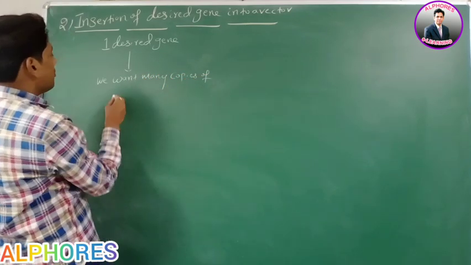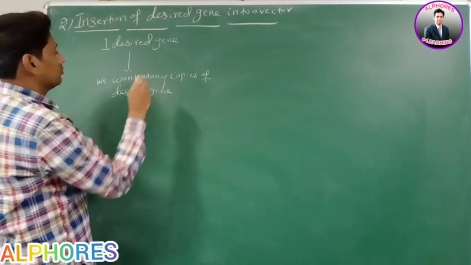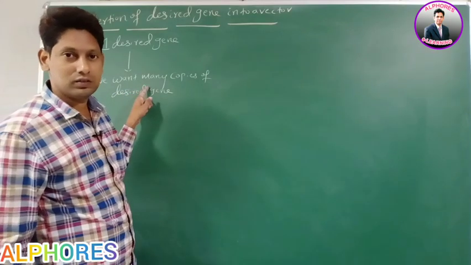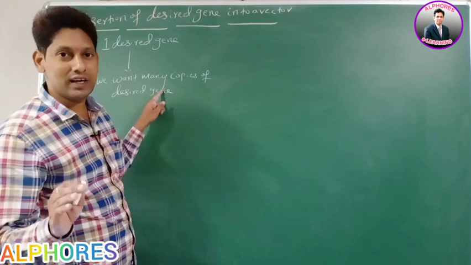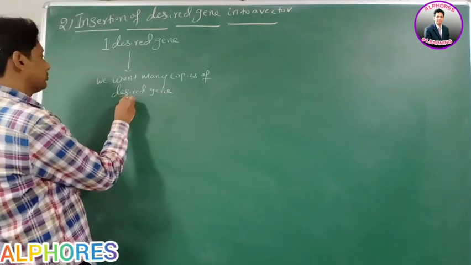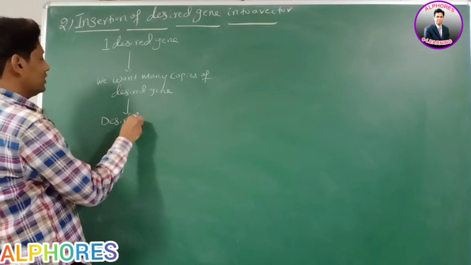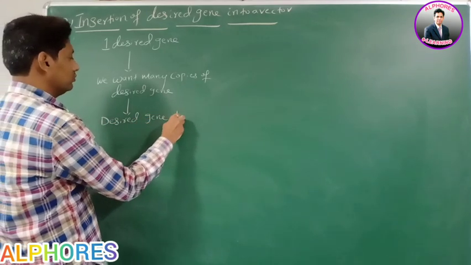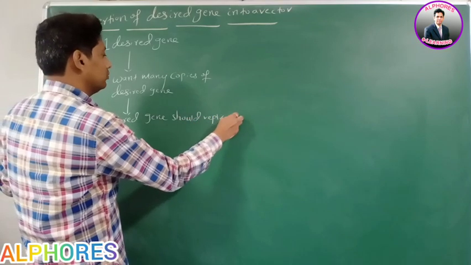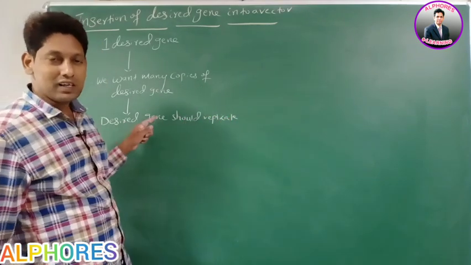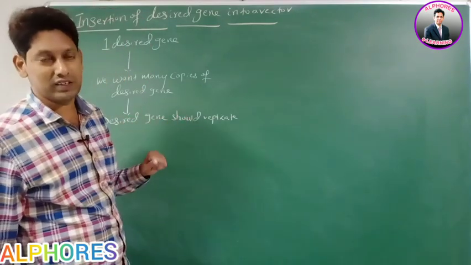To get many copies of the desired gene, the desired gene should replicate. What should replicate? The desired gene should replicate.